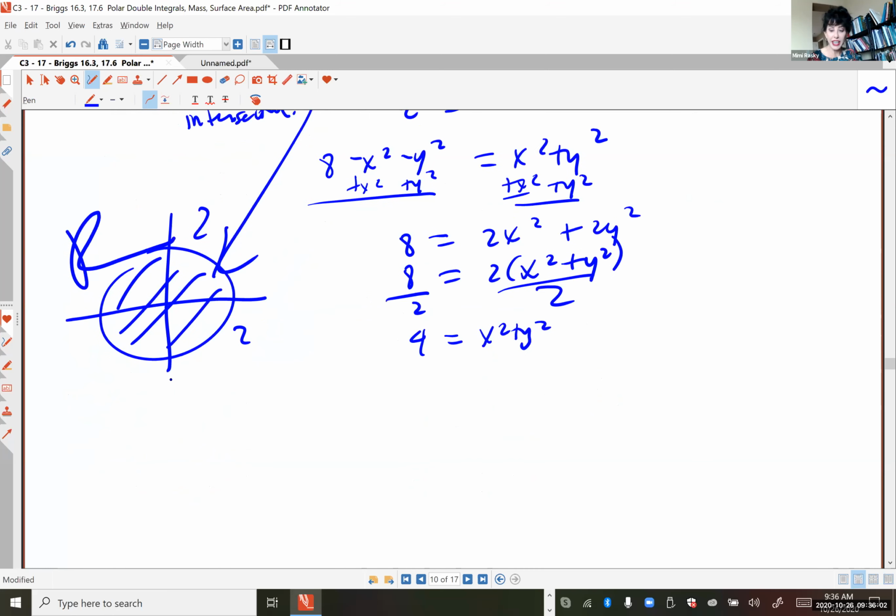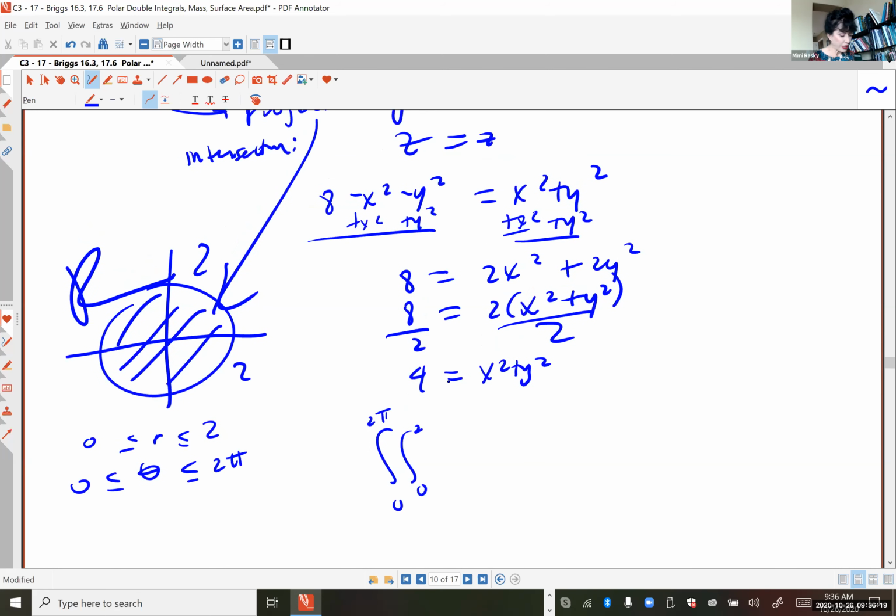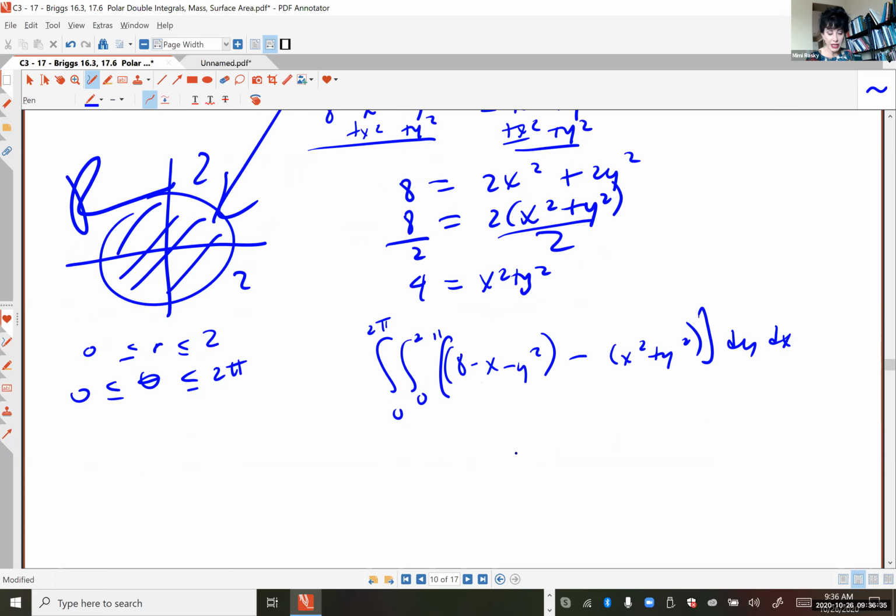Good news, that's a perfect candidate for polar. Woohoo! So what are you going to do? You're going to determine the limits when it comes to r and theta, and then you are going to convert to polar. Well, how do you do that? If you looked at your taller minus shorter, let's clean it up a little bit and collect like terms.